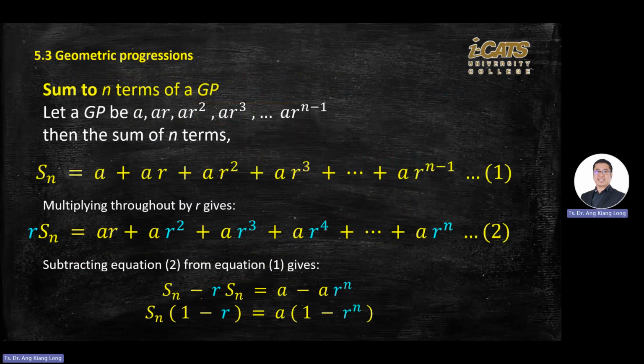You take 1 minus 2, then you factor. You factor the Sn, put a bracket, 1 minus R, and the same on the right hand side, A bracket 1 minus R to the power n.